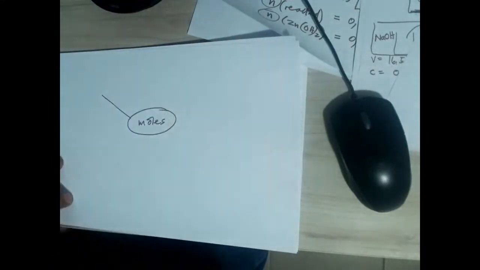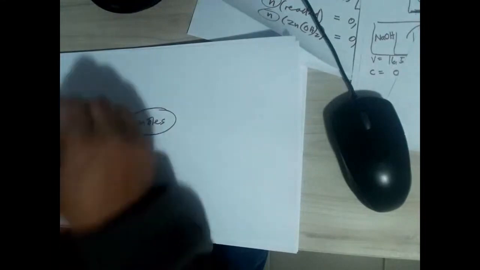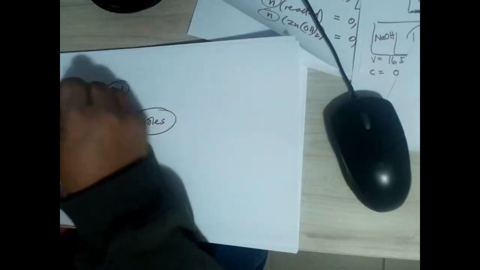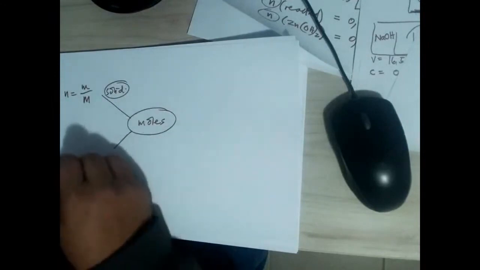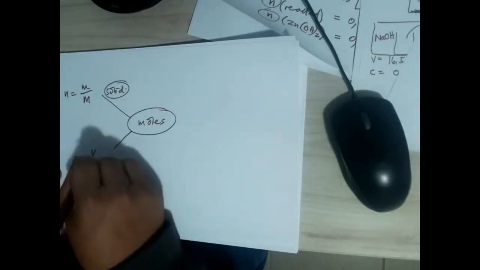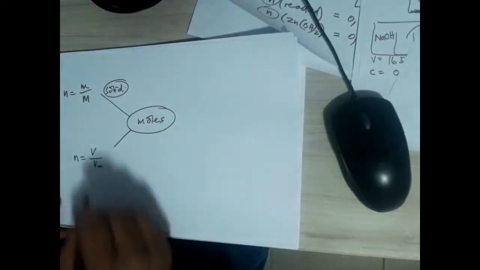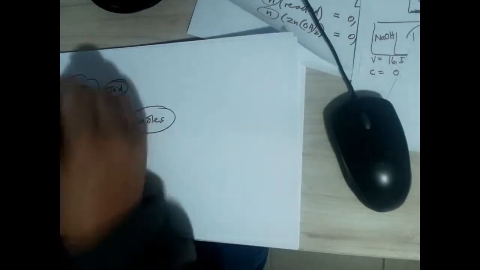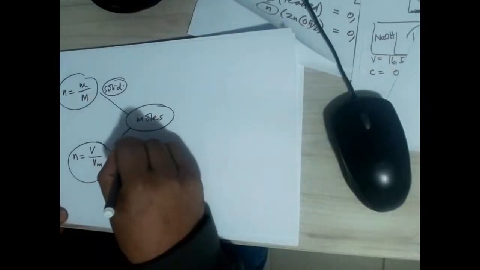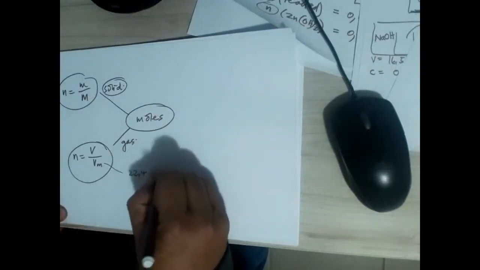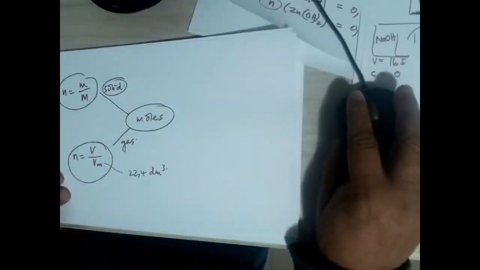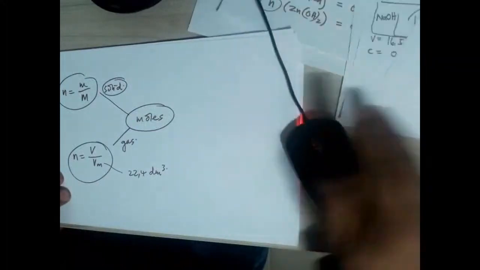And then we said that if we have a solid, moles is equal to mass divided by molar mass. And if we have a gas, moles is equal to volume over molar volume, the molar volume being 22.4 decimeters cubed.